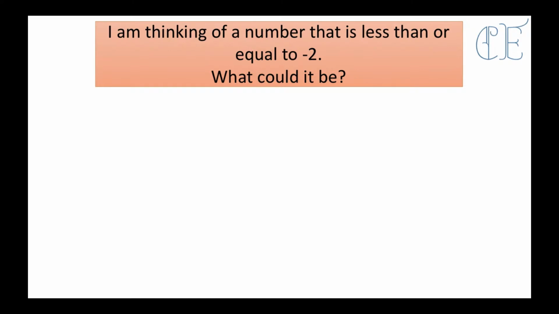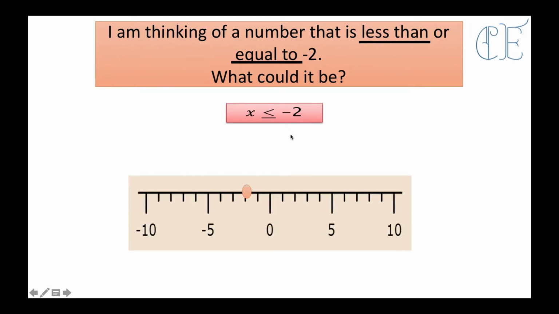I'm thinking of a number that is less than or equal to minus 2. So if it's less than or equal to minus 2, we have x is less than or equal to minus 2. We circle minus 2, but this time colour it in again because we've got a less than or equal to, and draw our line going towards the other end. Don't forget, this is minus 2, so it's less than or equal to minus 2, so this is the less than way.